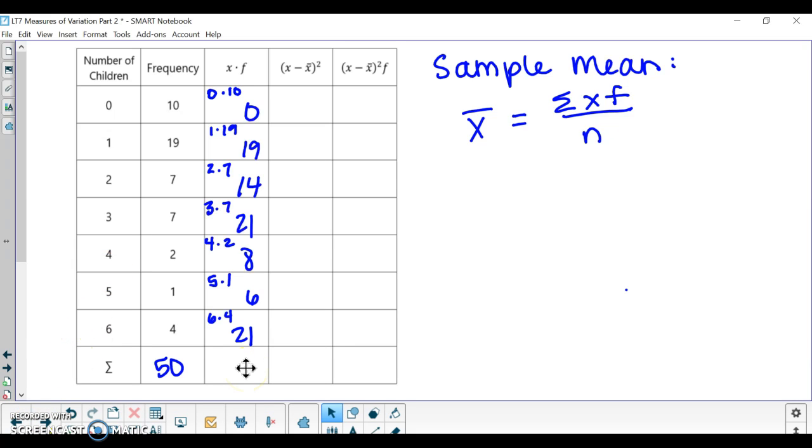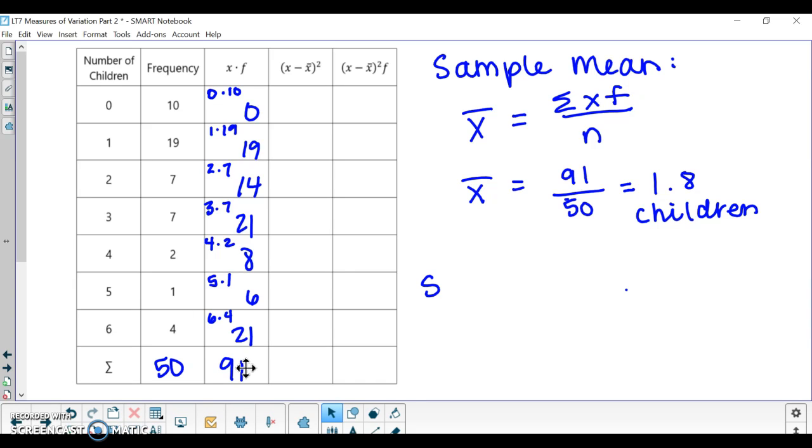Now we're going to add up that entire column. So summing that up, that's 91. So our sample mean estimate is 91 divided by our sample size, which is about 1.8. It's still children. Although we can't have 1.8 of a child, we're going to keep it as 1.8.